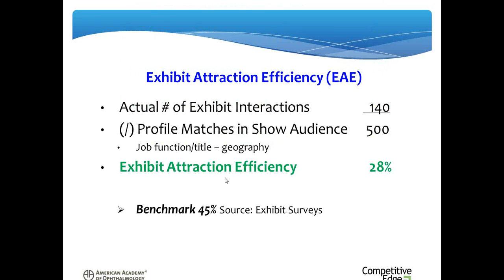Well, I was only able to attract and interact with 28% of my profile match. Am I doing good? Bad? Well, Exhibit Surveys has a benchmark that sets it at 45%. If you're not attracting and interacting with 45% of your audience, you are below industry averages, which means you've got to first take a look whether there are enough at the show, and second, what's going on with your exhibit. Okay? Something is not working.